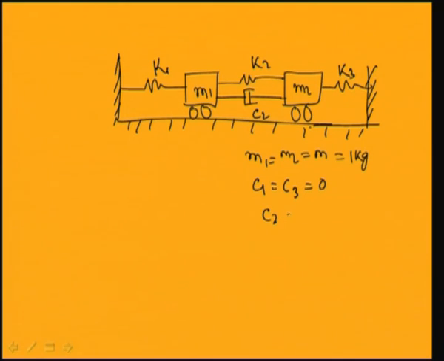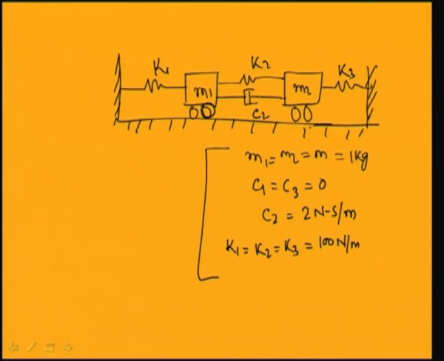Here I am taking C2 equal to 2 Newton second per meter, and K1 equal to K2 equal to K3 equal to 100 Newton per meter. So for simplicity, this data I have taken. You may take any other data to find the free vibration response of the system.